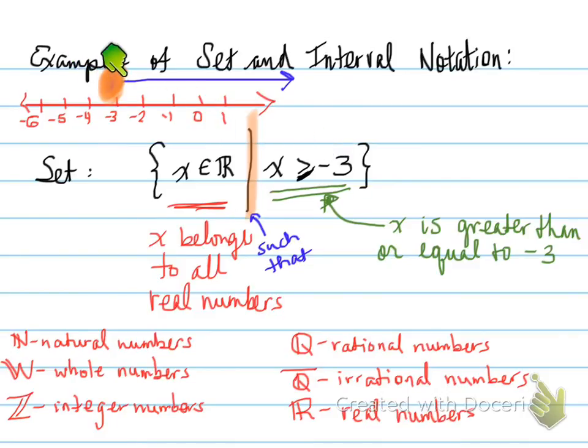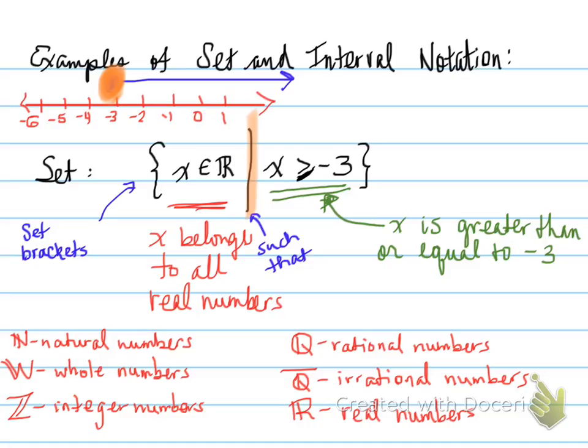Let's go back up here. This big orange dot is a closed circle. It's colored in. When it's colored in, it's closed. That means we include the -3 in our information. Don't forget that the curly brackets are known as set brackets. We need those to answer our questions. And that, folks, is the set notation for this line graph.